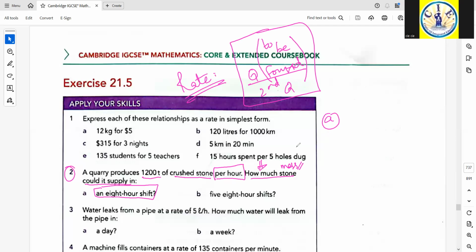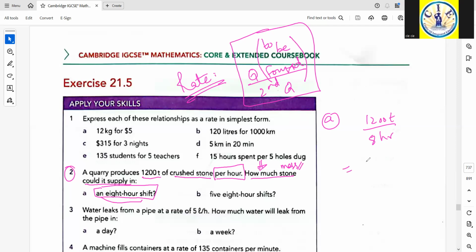Okay, now since we need to find out how much mass of the stone it could supply in an 8-hour shift, mass we need to place in the numerator, which would be 1200 tons divided by 8 hours.